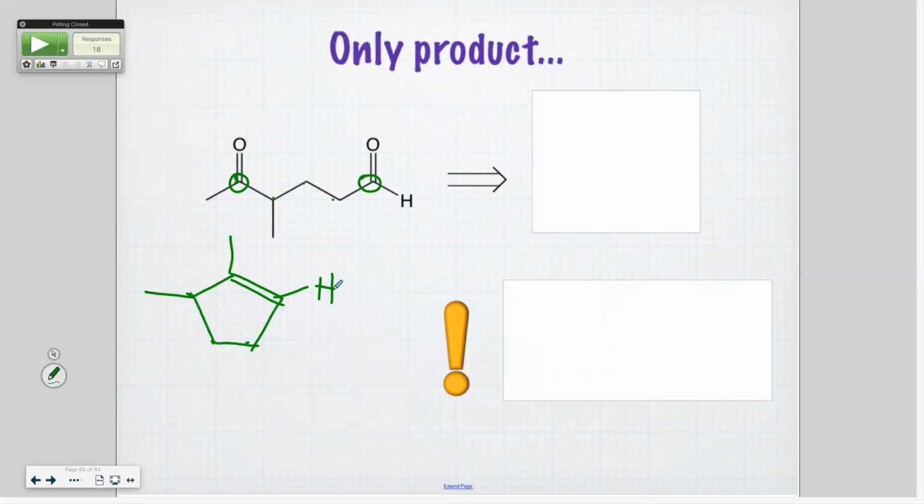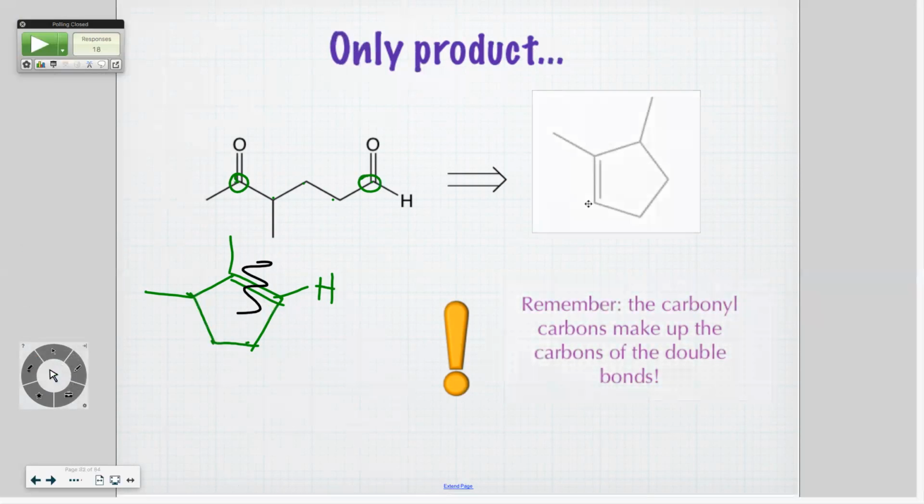Does that make sense? Don't just put the ends together. Okay. So when you break this, you should get that. And you can go backwards and forwards to help you figure it out. Remember that the carbonyl carbons make up the carbons of the double bonds. So stick those together to make them holding hands. Okay?